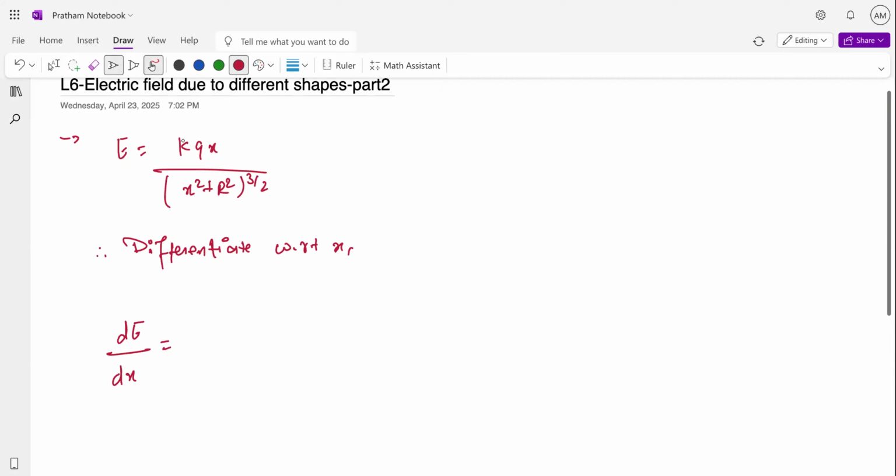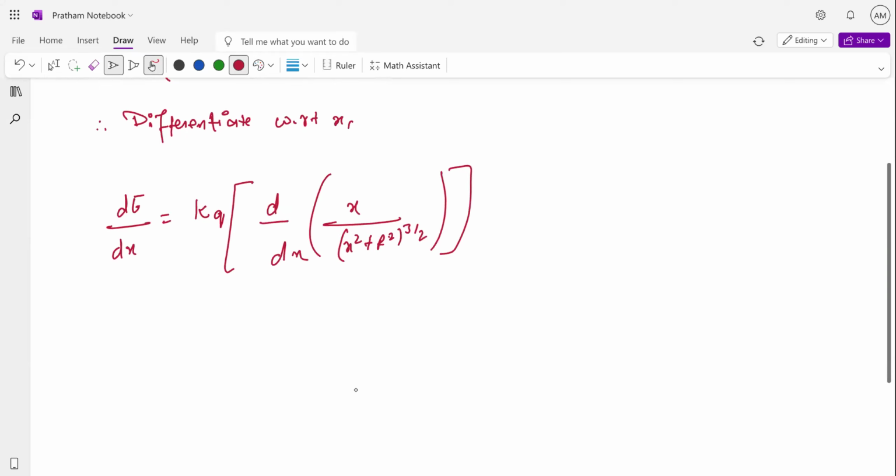Let's remove this for a while and put it in a simple manner. Now you have to differentiate this portion, d of the whole x square plus r square to the power 3 by 2 dx. So can you differentiate this portion?